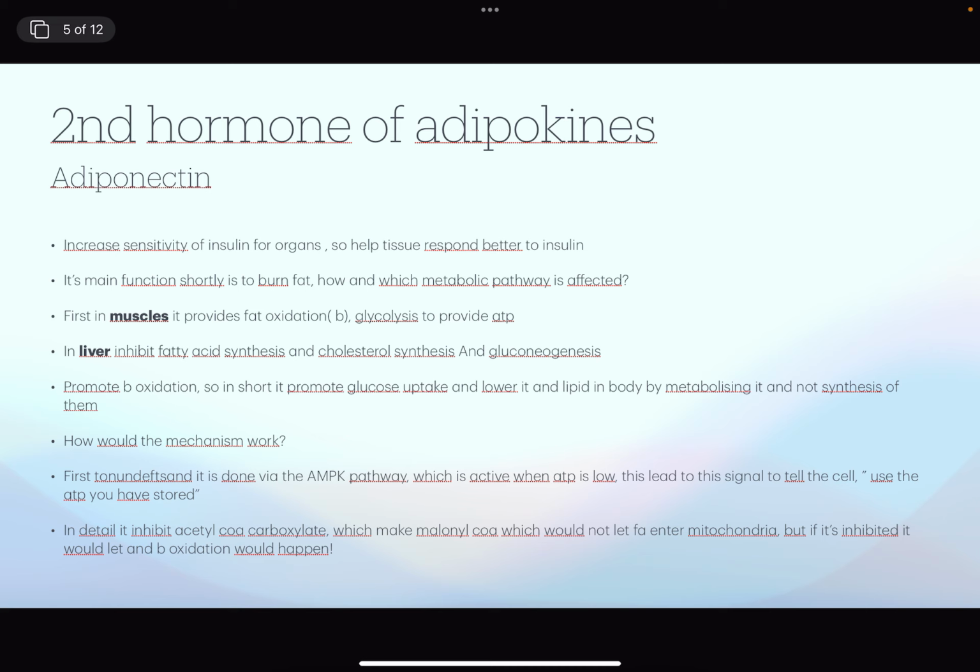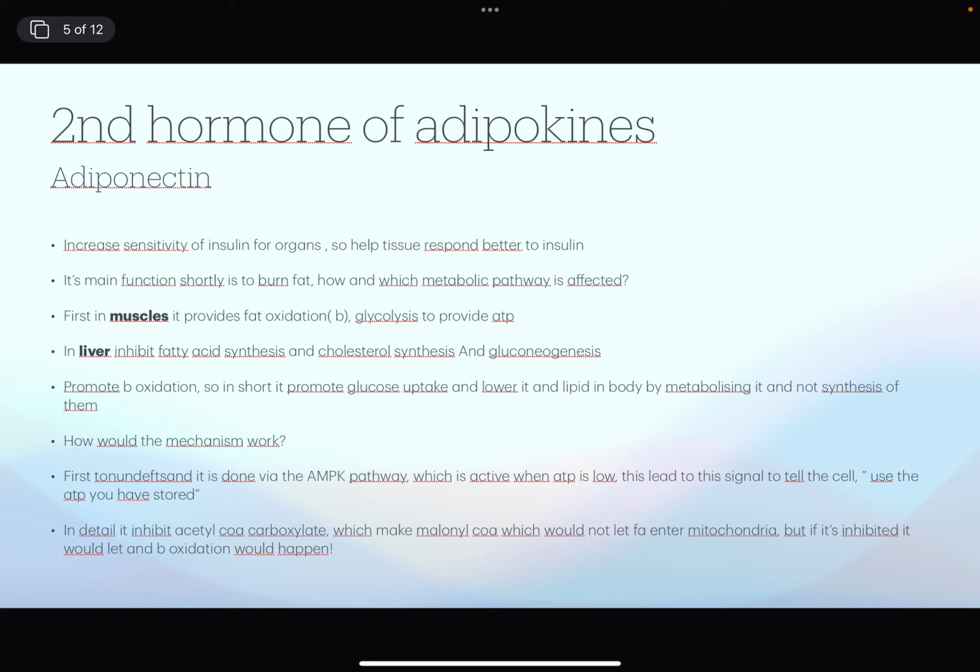And if we look at it in detail, it inhibits acetyl coenzyme A carboxylase, and this enzyme makes malonyl coenzyme A. Inhibiting acetyl coenzyme A carboxylase would reduce malonyl coenzyme A, which usually does not let fatty acids enter the mitochondria.